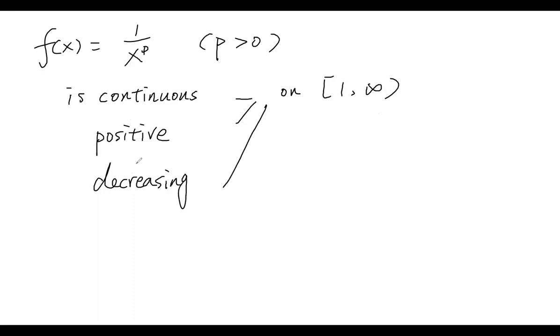These are not hard to check because it's just 1 over x to the p power. When p is equal to 1, you just get a function like this, and you can easily check this is a continuous, positive, and decreasing function on 1 to infinity, but only in the case when p is greater than 0. So we can use the integral test.